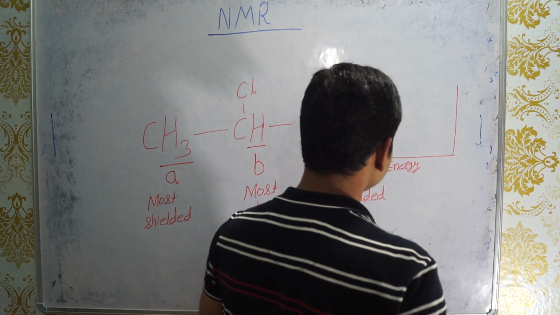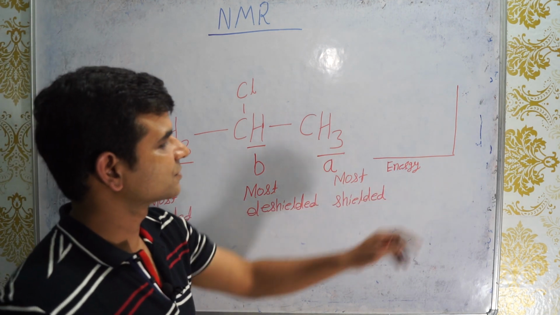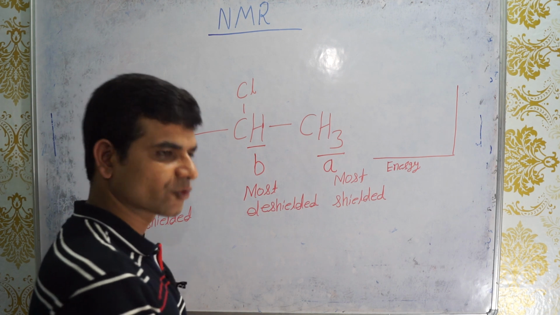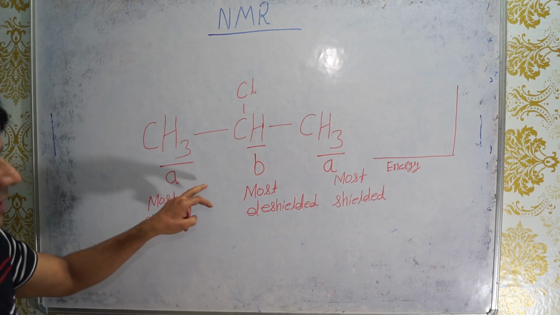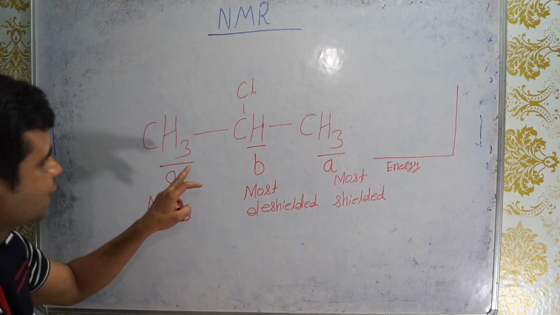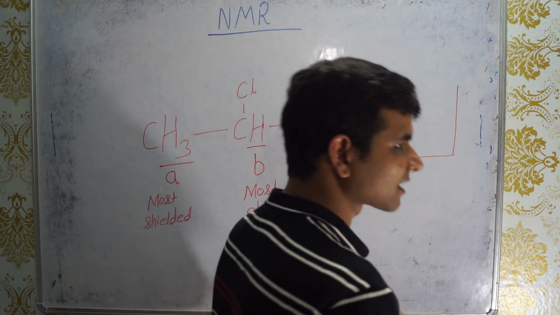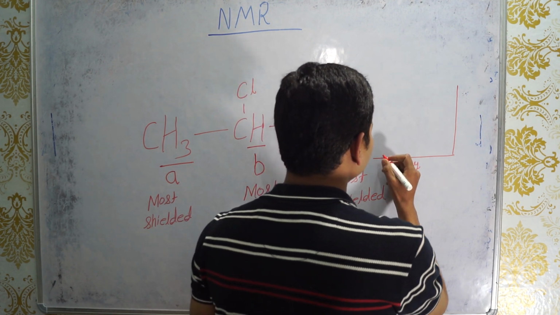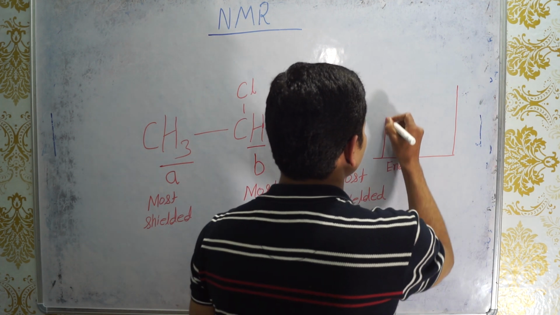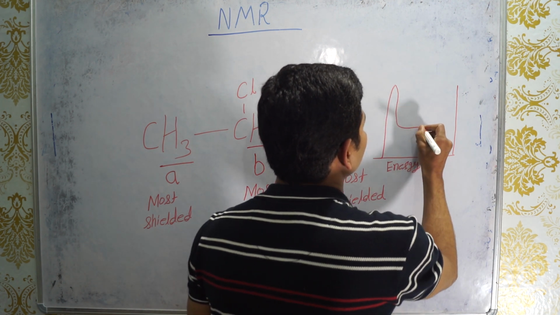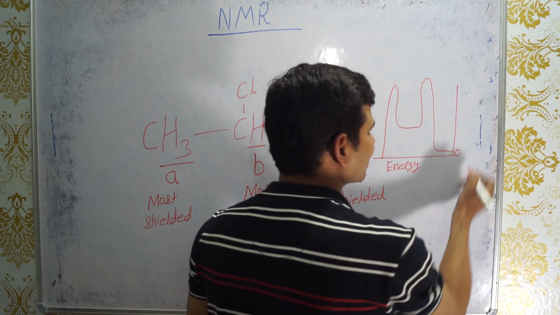If you think about the number of peaks on the NMR graph for 2-chloropropane, 2-chloropropane has two types of hydrogen atoms. Therefore, the NMR graph will generate two peaks for 2-chloropropane.